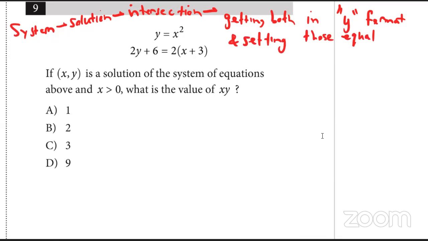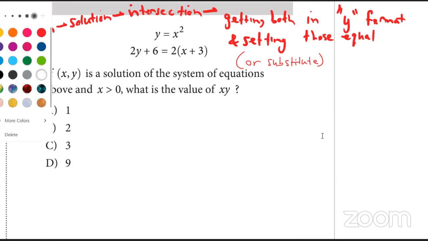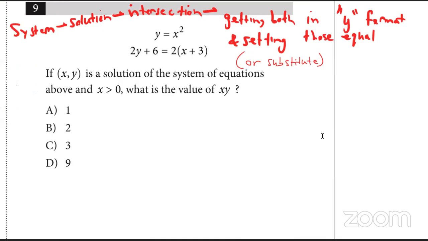Now, if these don't work in a similar situation, then we're going to want to go ahead and substitute is the next thing. But just having done so many SATs and tutored on the SAT for such a long time, I can tell you that leaning toward getting both equations in the y equals format and setting them equal is a nice, simpler way to get the questions done that tends to result in less mistakes.